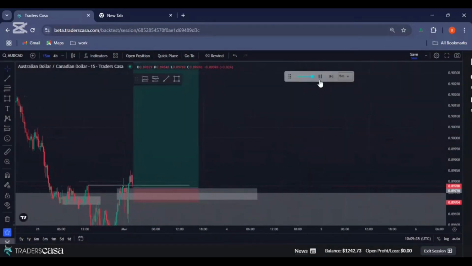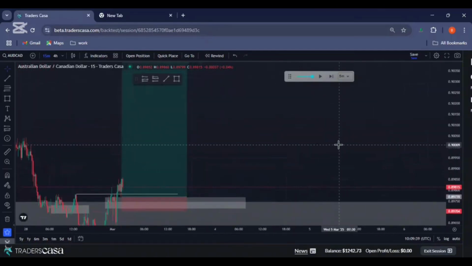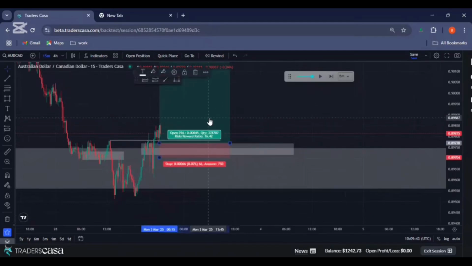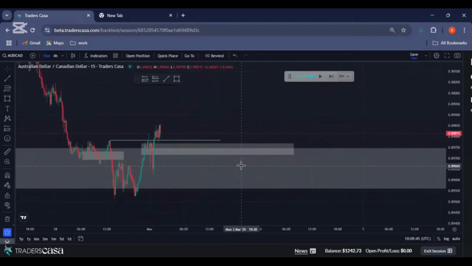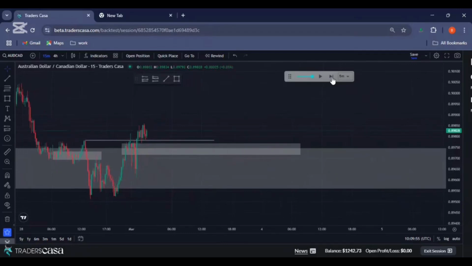Oh, that didn't go very well. We have lost 3 times on the zone now. But we took this high out again. I still want to enter my trade there. Okay.